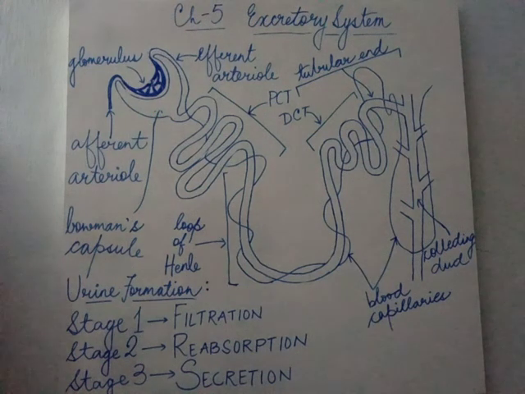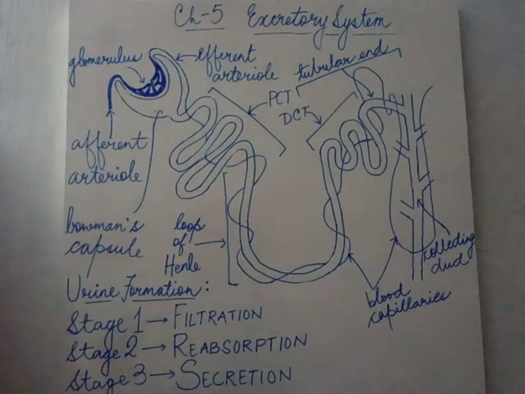Okay children, the first question is, what is the purpose of urine formation, or what is the purpose of excretion? The purpose of excretion is the removal of metabolic wastes, excess salts and excess water from the body.